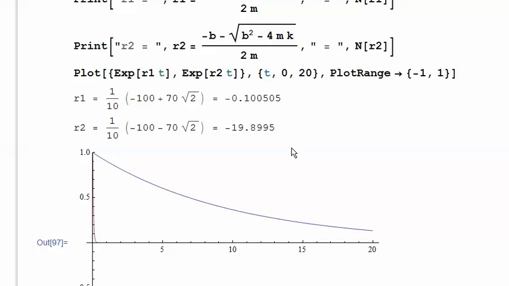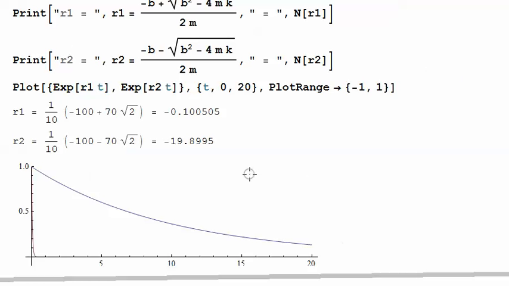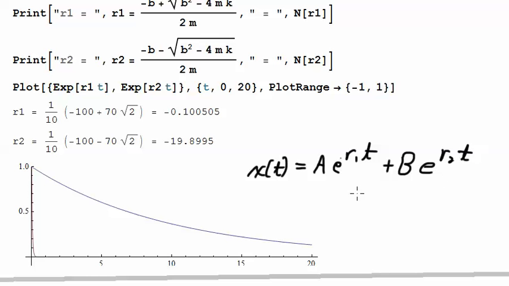My understanding is that you would have a linear combination of both, so basically we could assume that the whole x of t would be some kind of linear combination of a e to the r1 times t, plus b e to the r2 times t. But I'm not sure how you would decide which one of these two decay rates is going to dominate.